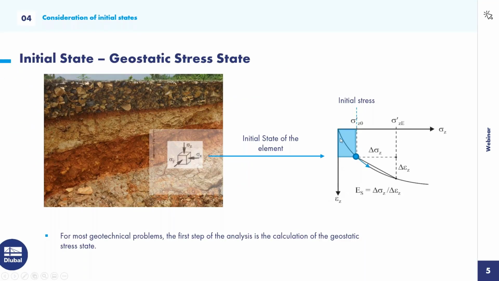This curve here is quite important. We start the calculation at this point. We consider the initial stress caused by the self-weight of the soil. And what I have to say is that only internal values are transferred in the initial state, such as stresses, strains, and stiffnesses.